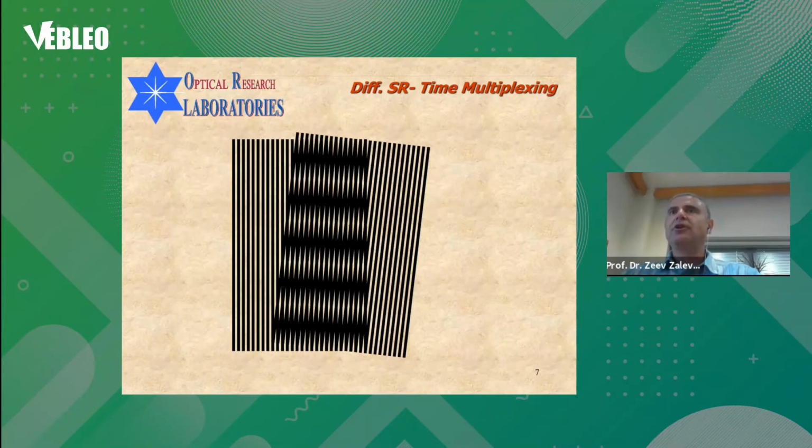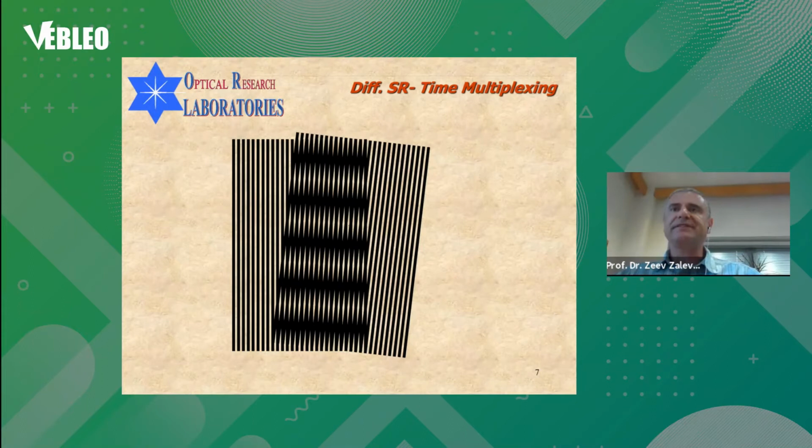Now, I'm going to overview in my presentation several types of super resolution techniques. And as I said, different super resolution techniques use different domains to do this encoding, decoding process. One of the most common approaches is to use the time domain.